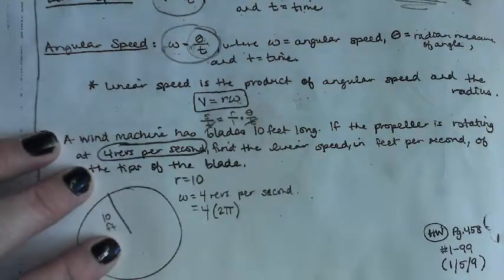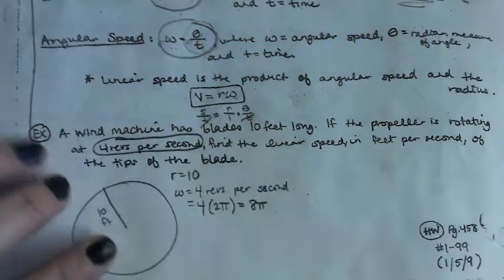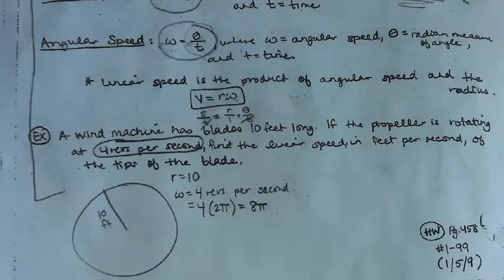So that's 4 times 2 pi technically, which is 8 pi. So the W value is 8 pi, which is not uncommon. They'll tell you how many revolutions. You need to translate that to the number of radians, therefore, per second. So that's 8 pi radians per second.